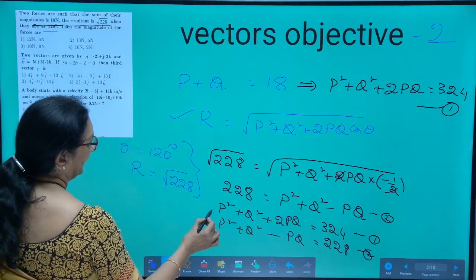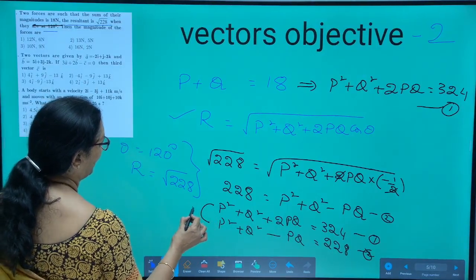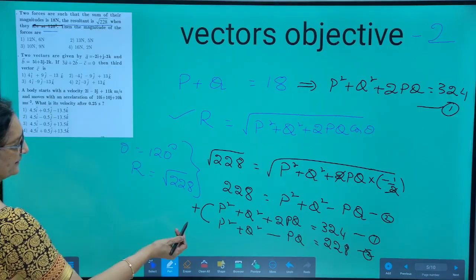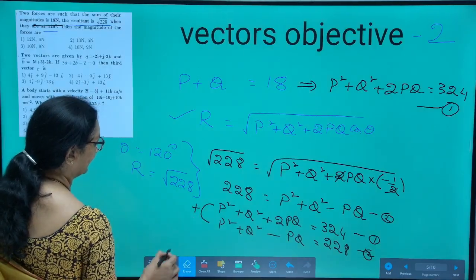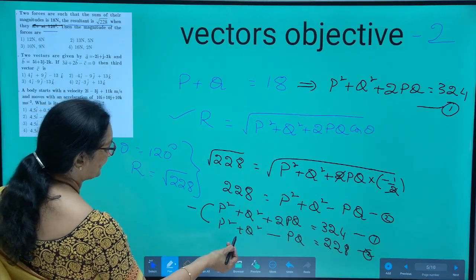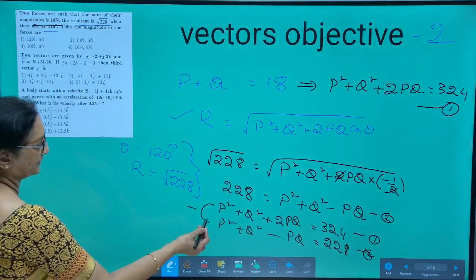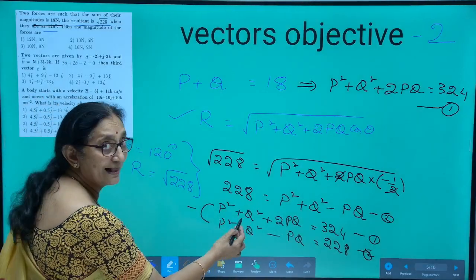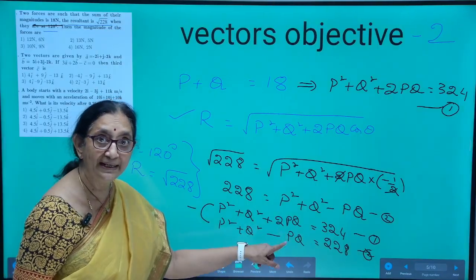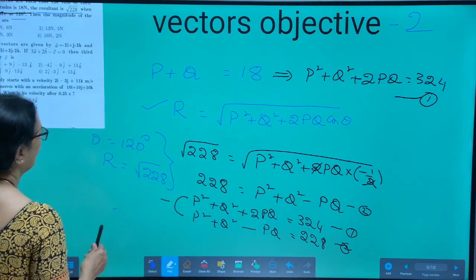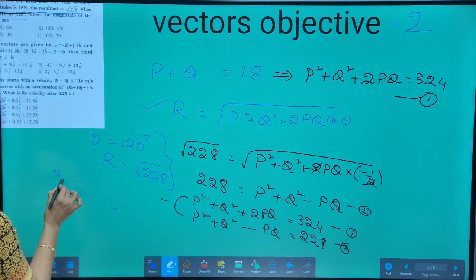Now let us subtract the second equation from the first equation. P square gets cancelled, q square gets cancelled, and 2pq minus of minus pq becomes plus, so it becomes 3pq.